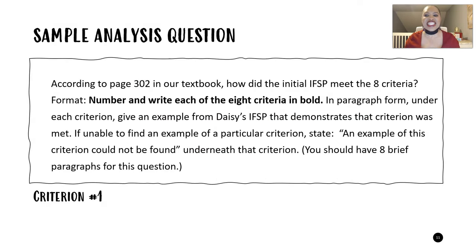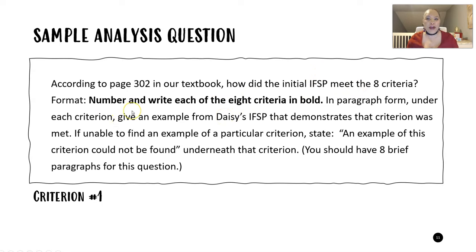All right, so here's a sample analysis question. According to page 302 in our textbook, how did the initial IFSP meet the 8 criteria? So they're looking at Daisy Duke's IFSP and determining how it met the 8 criteria outlined in our textbook.